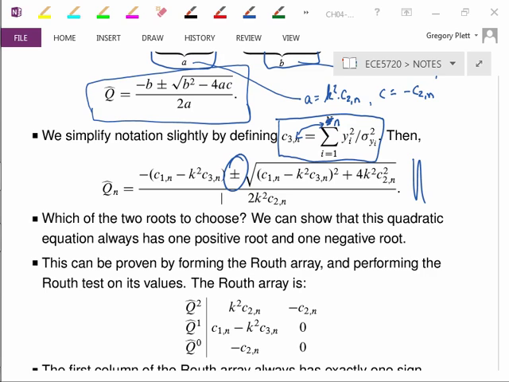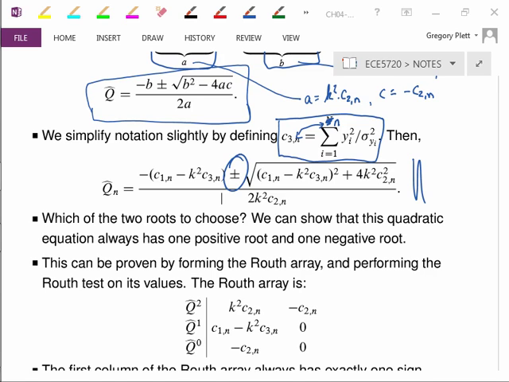But the Routh test tells us, generally speaking, the geometry of roots of a polynomial. It will tell you how many roots are strictly in the right half plane and how many roots are strictly in the left half plane. And you can also use it to solve for how many roots are on the vertical axis separating the right half and the left half plane.